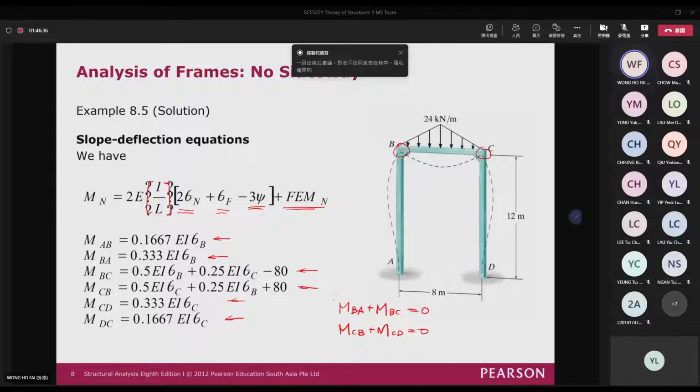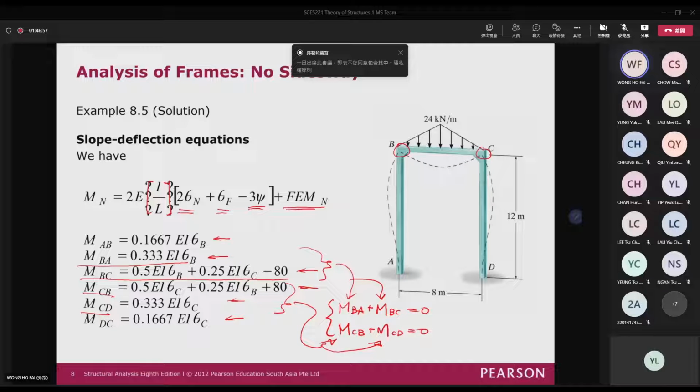So you can use these 2 equations. MBA is here, MBC is here, so you substitute these 2 into the equations. And the MCB, MCD are here, so you just need to substitute these into the 2 equations.